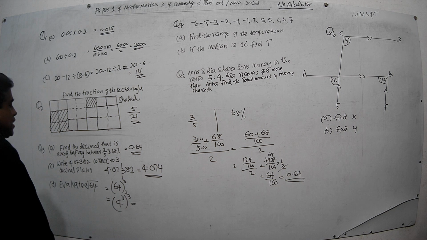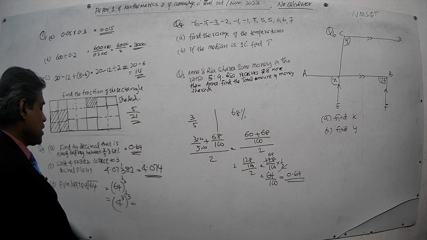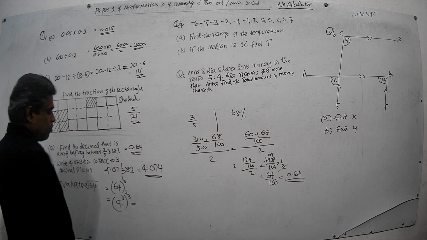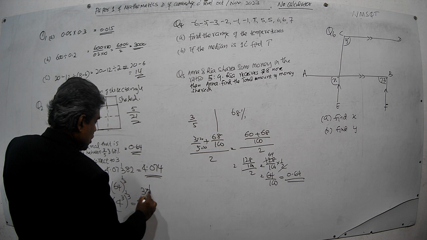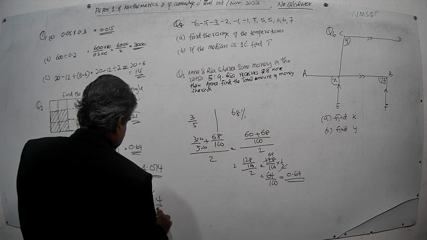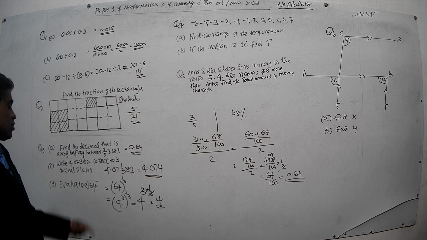This is power of a power. In power of a power, you can multiply the power inside by the power outside, like this: 4 to the power 3 times 1 over 3. Then cancel, and you get 1 here. 4 to the power 1 means 4. The answer is 4. Right. Then the cube root of 64 is 4.